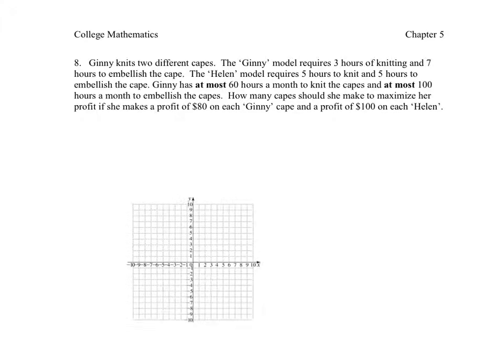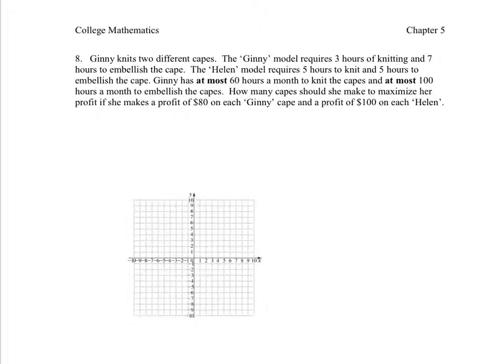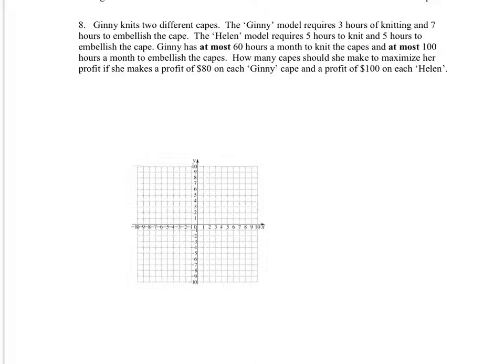And our last example goes back to the Jenny and the Helen, those capes that were being manufactured. And so what we did in the last lesson is we said that because the information tells us Jenny has at most 60 hours a month to knit and at most 100 hours a month to embellish, those were going to be our 2 equations.